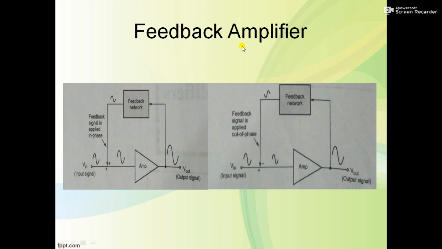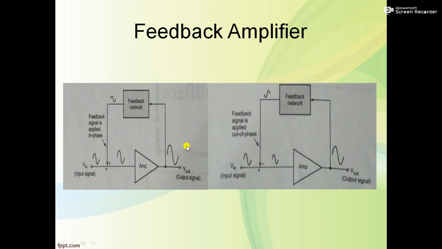And this feedback technique is classified into two types. One is positive feedback, another is negative feedback. So this is a positive feedback amplifier and this is a negative feedback amplifier. The difference is what? In the positive feedback amplifier, first of all, I am applying the Vin input signal, and with amplification we are getting a high amplitude output signal.